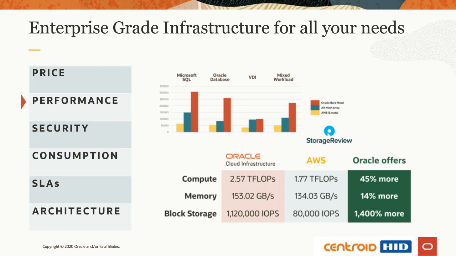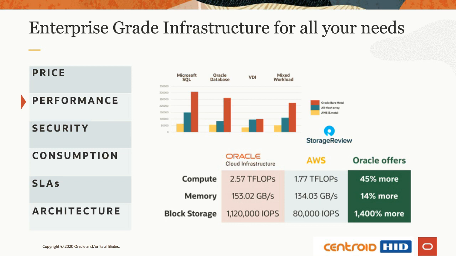There's another comparison against Amazon, and you look at any of the rows there, be it compute, memory, block storage. For compute, Oracle offers 45% more compute, 14% more memory, and 1,400% more block storage from a performance standpoint.